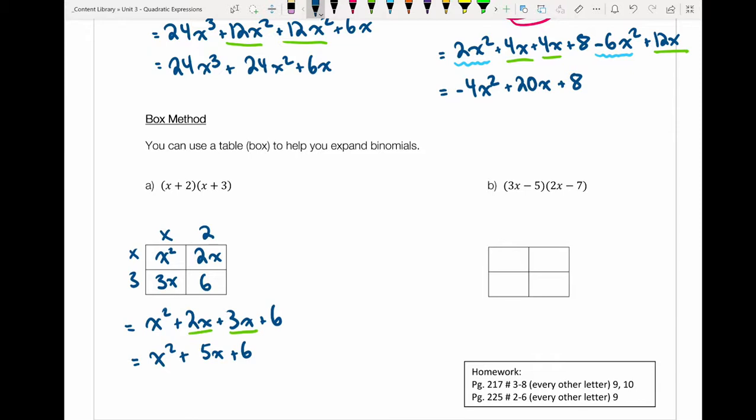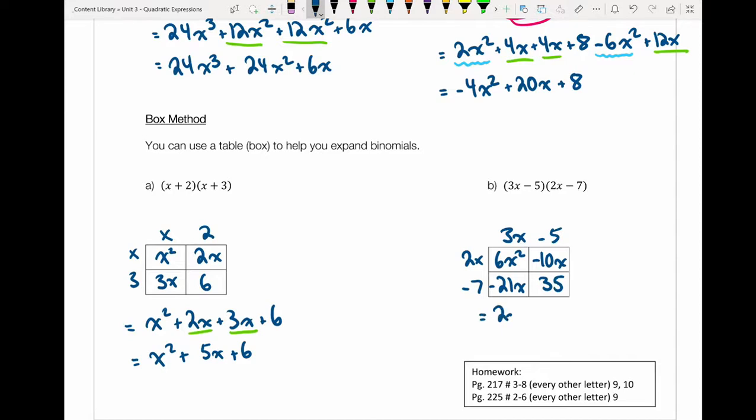In another example where it's a little bit different, it's not quite as simple, same idea. 3x minus 5, 2x, and then minus 7. In the first box, 2x times 3x, so 6x squared. In the second box, 2x times negative 5, or negative 10x, negative 21x, positive 35.